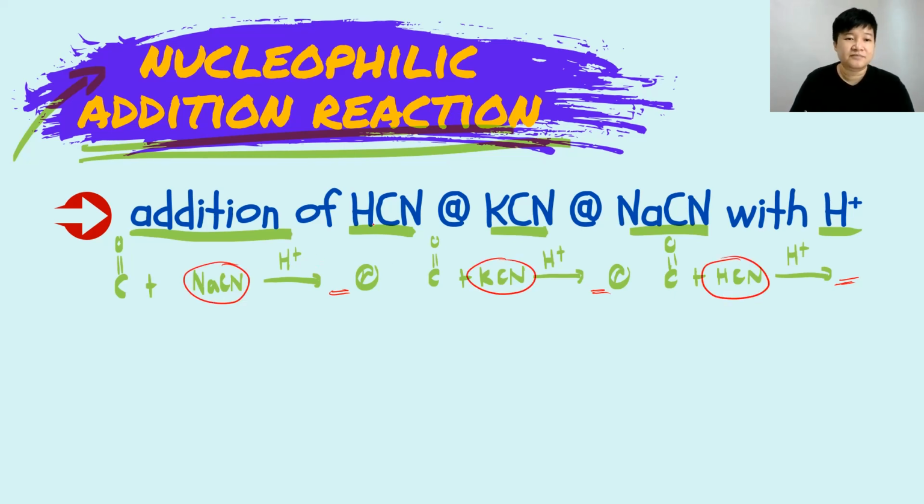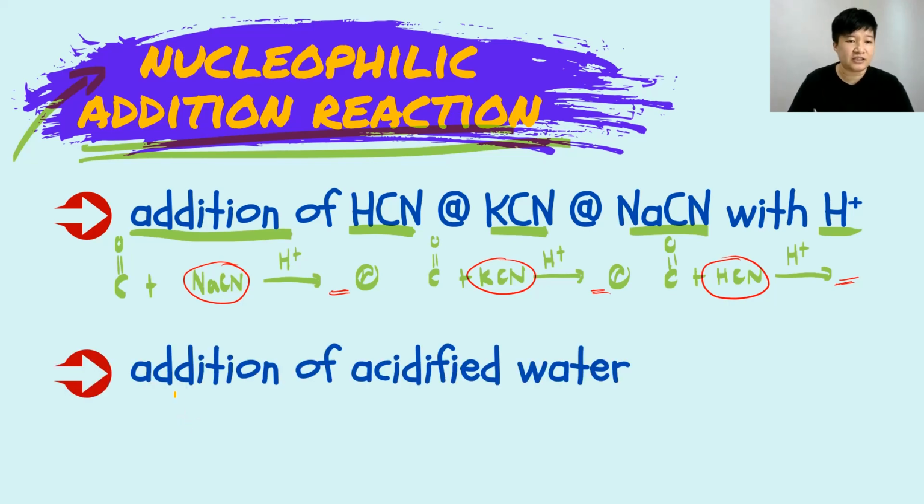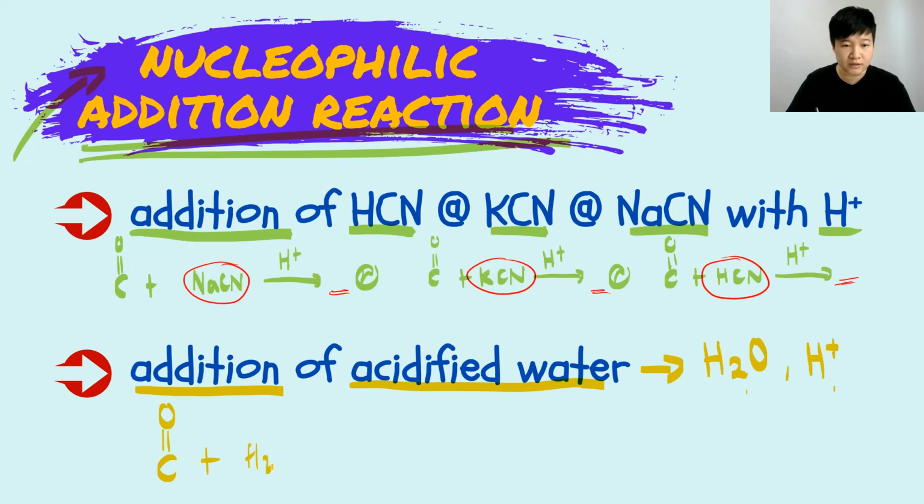Okay? And the second nucleophilic addition is the addition of acidified water. So acidified water over here represents H2O, H+. That is your acidified water. So you can have your C double bond O react with your water with the presence of H+. So that is the addition of acidified water into your carbonyl compound. What will be produced?